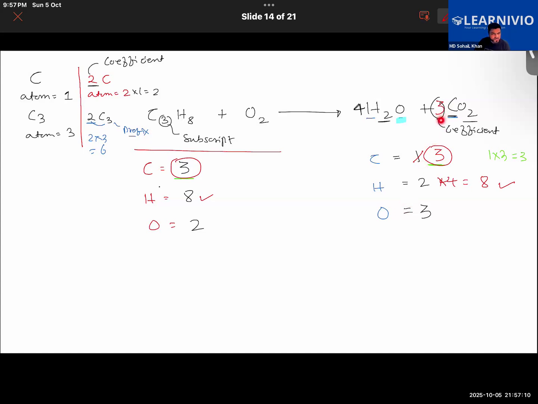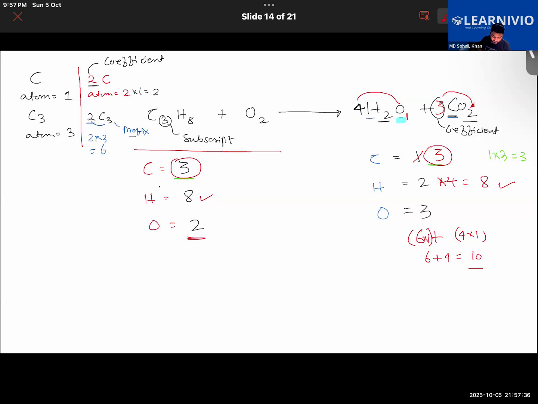Three is the first coefficient, four is the second coefficient which we have added here. The coefficient is multiplied with the subscript. 3 into 2 is 6 oxygen, plus 4 into 1. So that is 6 plus 4, and now you have 10 oxygen atoms here.